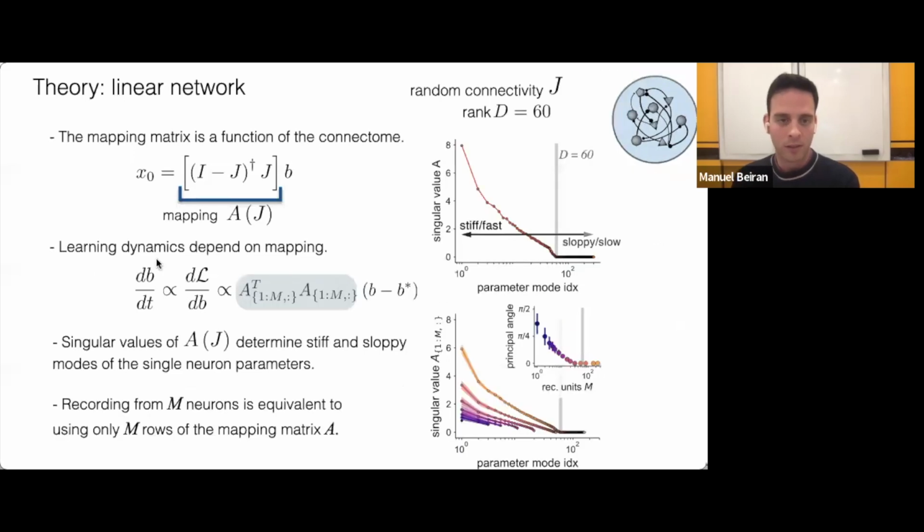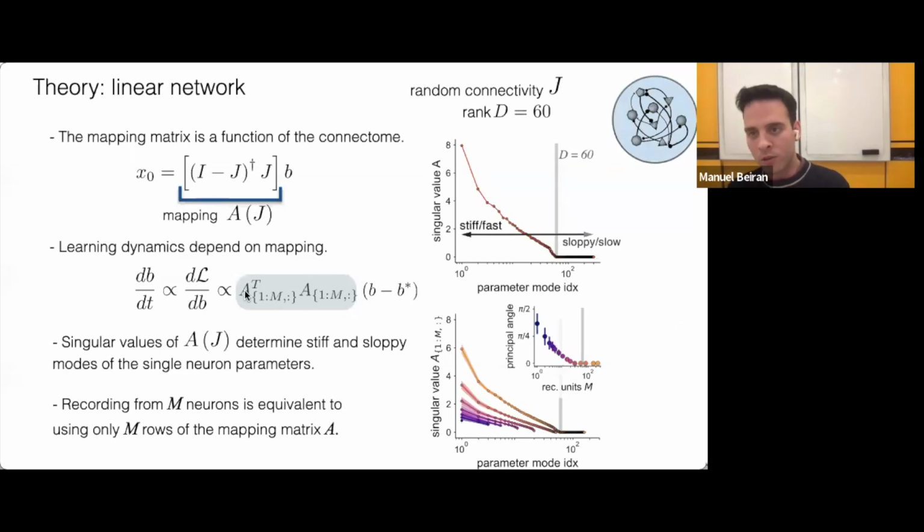Let me show that. I'll go through the different panels in a second. But the idea is that if we're only recording from a subset of neurons, instead of using the full mapping matrix A, we will just be selecting some rows corresponding to the neurons we're recording from. So we're basically reducing the rank of this matrix here.